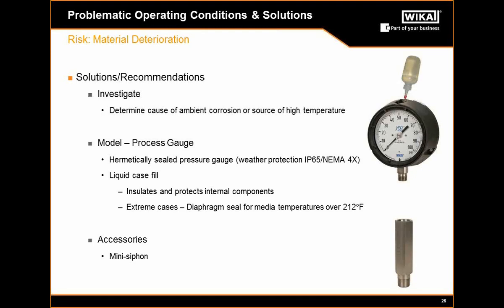In cases for steam, the mini siphon has been found to offer tremendous benefit in lieu of a coil siphon or a pigtail siphon. It comes in a much smaller package, and too many times those large coil siphons will get wrapped with insulation, either to prevent operators from getting burned, but that defeats the purpose of the siphon because the cooling effects have been negated.